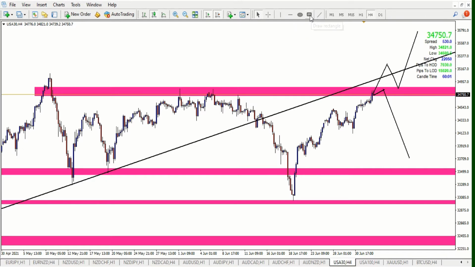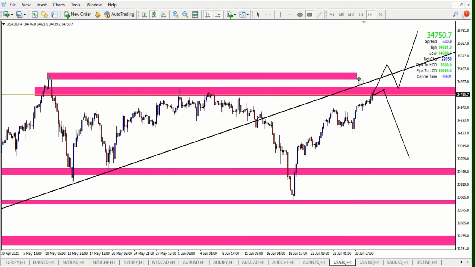Or it might just retest this high over here. What I mean by that is it might break through, come back, retest, bounce there, then start moving back up. Alright, so that's what I'm looking for on the US 30.